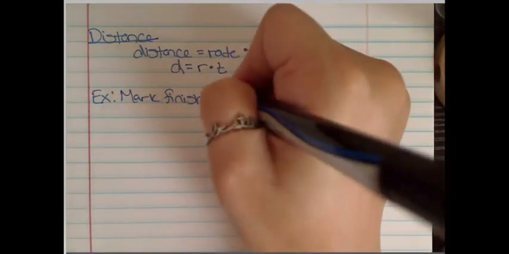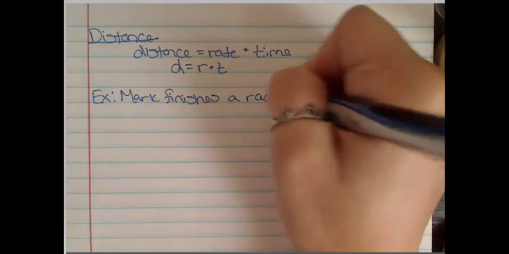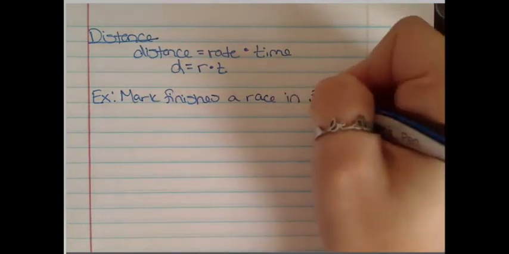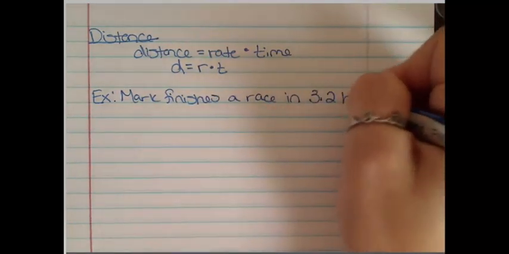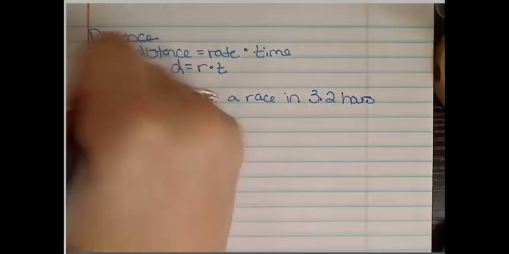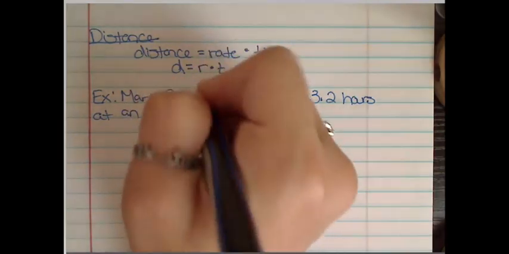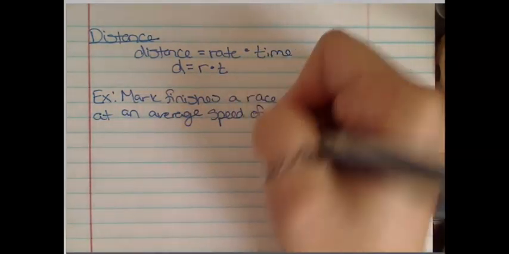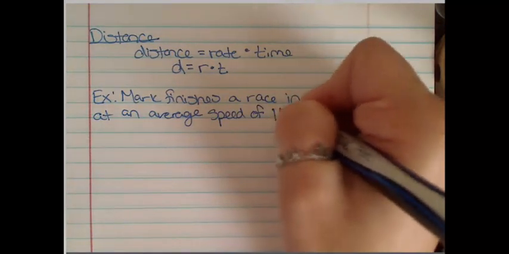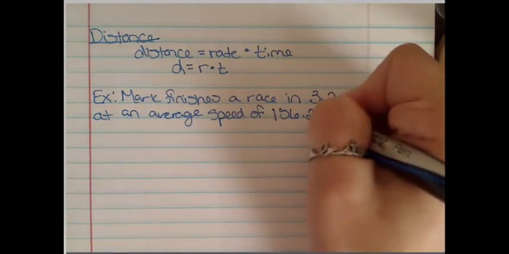It says Mark finishes a race in 3.2 hours at an average speed of 156.25 miles per hour.